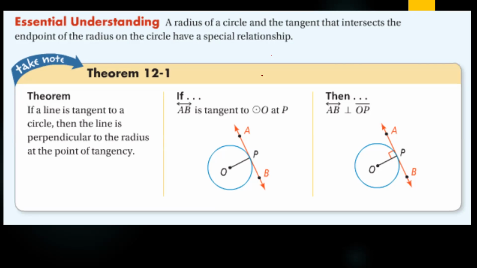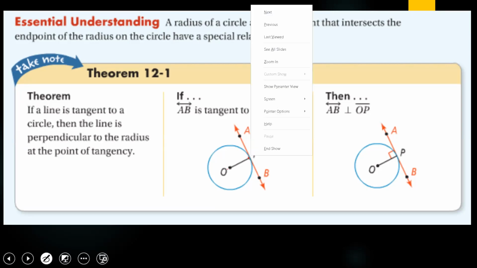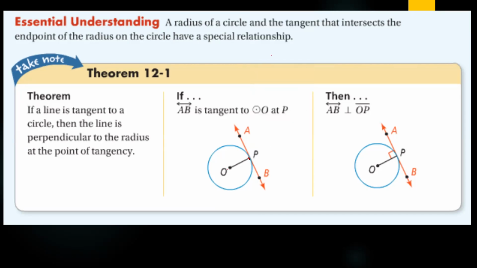So the tangent line is perpendicular to the radius at the endpoint. So if a ray AB is tangent to a circle with center O at point B, then this ray AB is perpendicular to the radius OP.